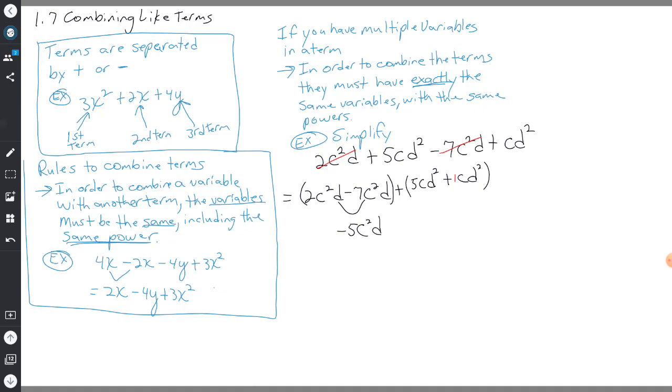Okay. And over here, we add the 5 plus the 1. All right, so that would be as far as we can go.